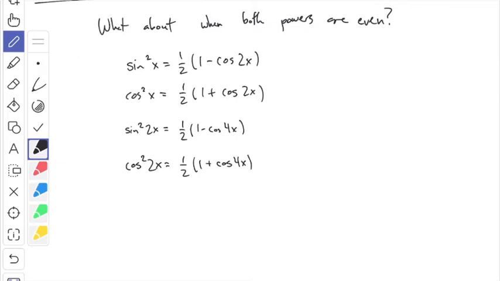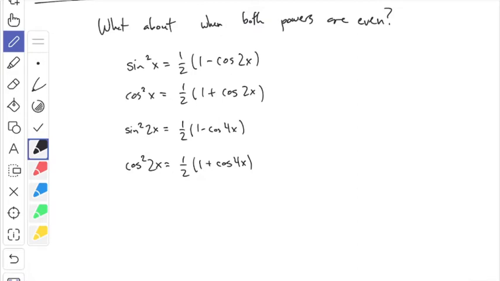These are not really new formulas. I wrote the first 2 formulas again, but I used 2x in place of x. All right? But anyway, we are going to use these. And in some very complicated examples, you might want to use sine squared of 4x, which would be 1/2 (1 minus cosine of 8x). It would multiply these numbers by 2 every time you do it. But we're actually not going to do any that require that. All right.